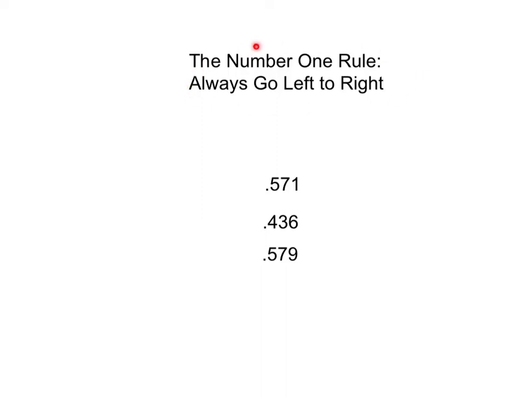Following our main rule of always go left to right, we start at the left side and notice the first numbers. My first observation is that 0.436 is the smallest number because it begins with a 4 when the others begin with a 5. Secondly, we have the next 2 numbers, 0.571 and 0.579.